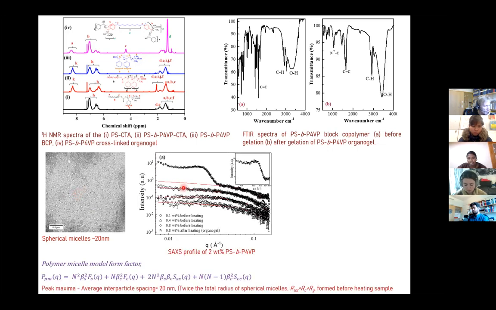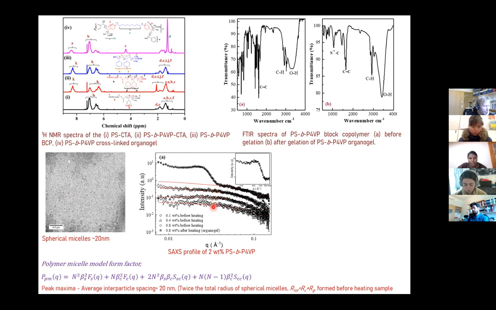We also did small angle X-ray scattering in the physical chemistry lab at Lund. So this is the SAXS profile of a 2.8% diblock polymer.